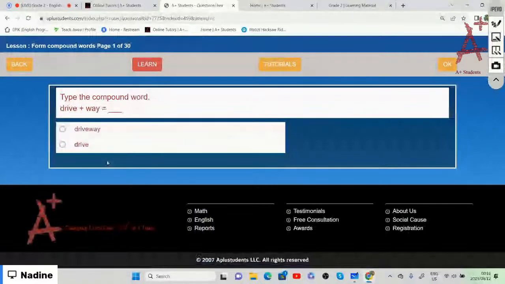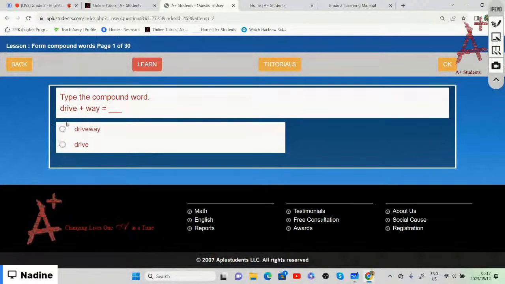We need to type the compound word, right? So drive plus way. Is it driveway, which is the first option when we put these two words together, or is it drive? So we need to select the compound word. We say that if we put the two words together and we form the bigger word, then the bigger word is our compound word.